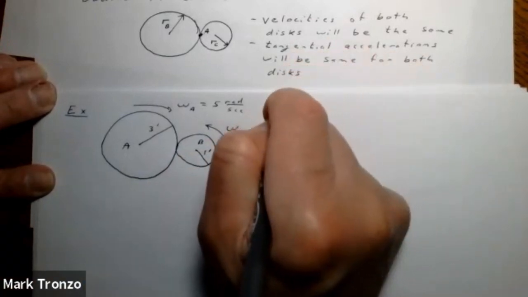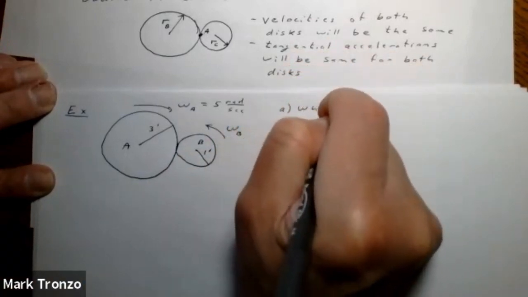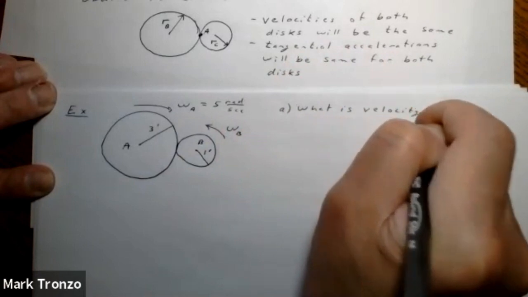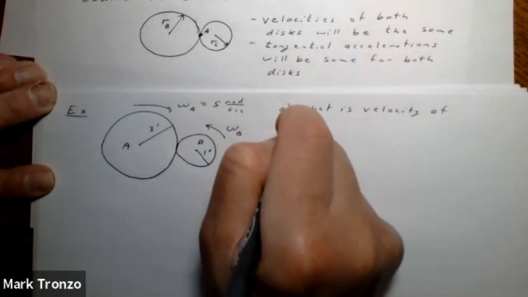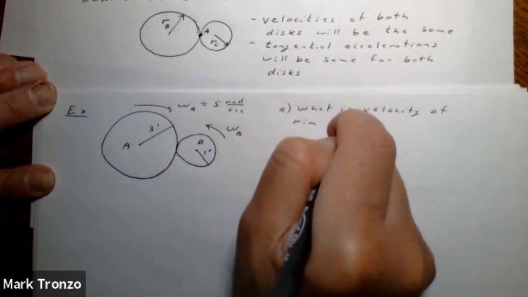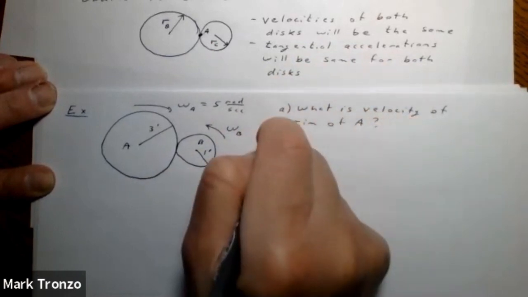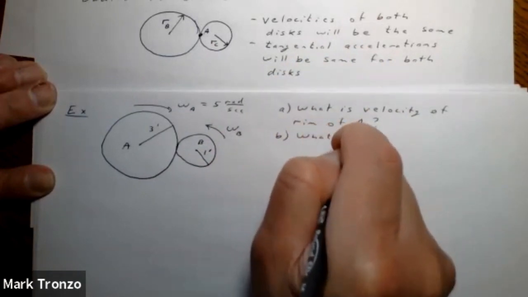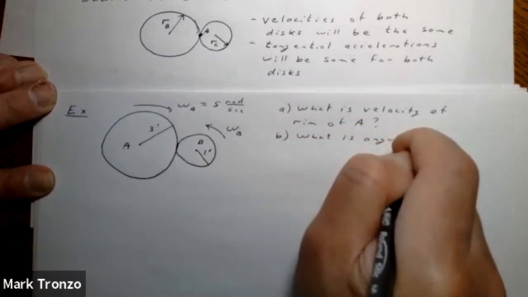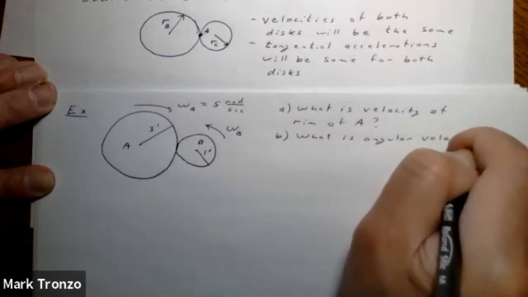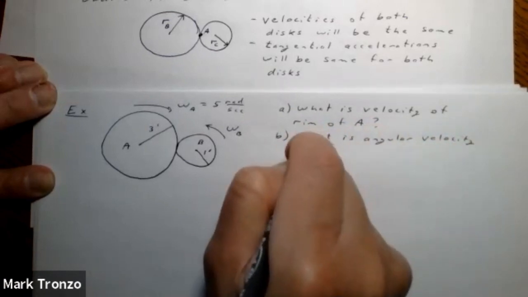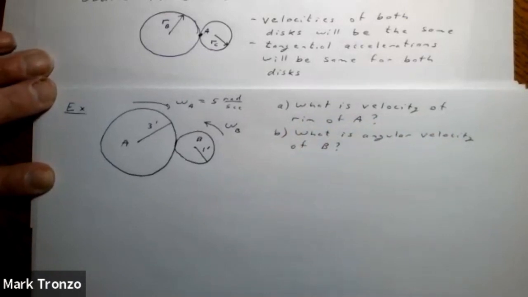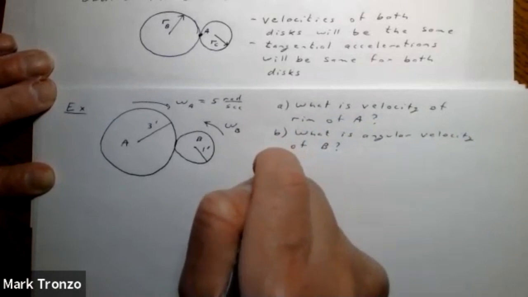So let's ask some questions. What is the velocity of the rim of A? What is the angular velocity of B? If A rotates 6 radians, how much will B rotate?